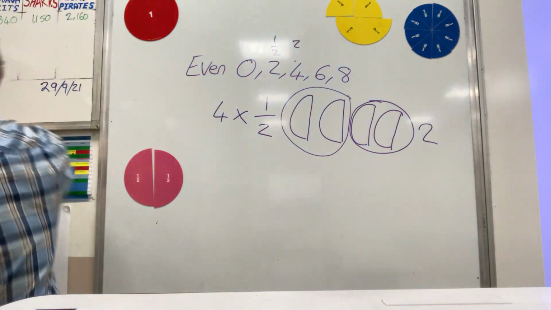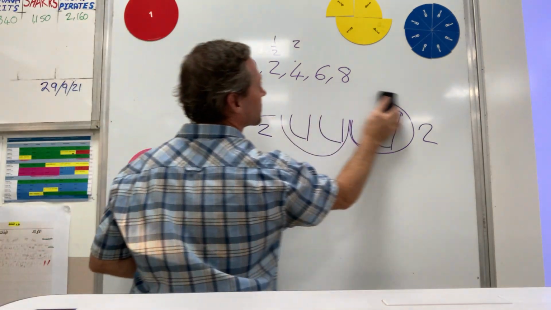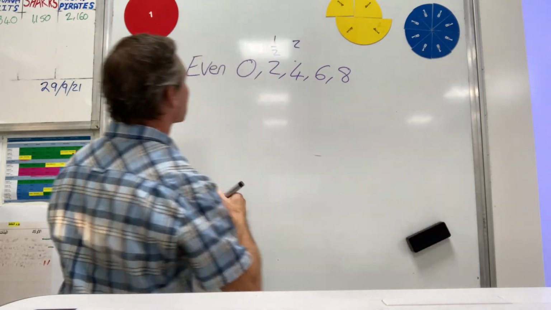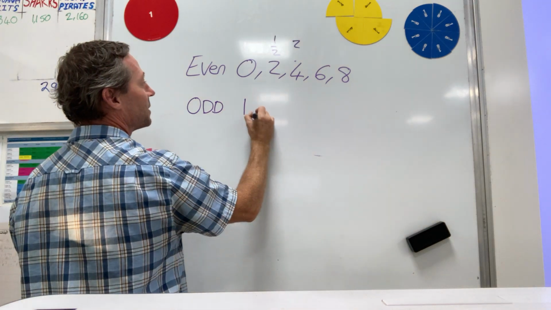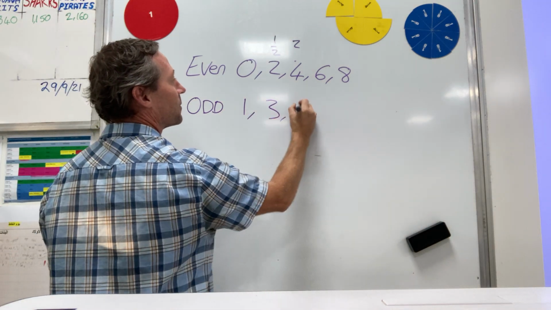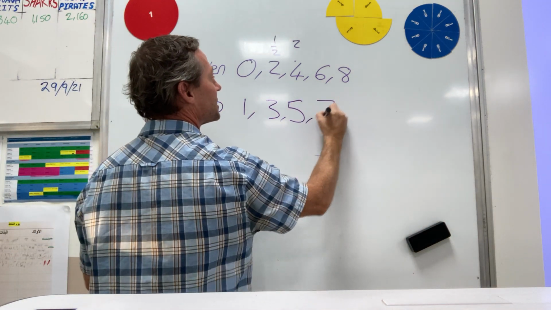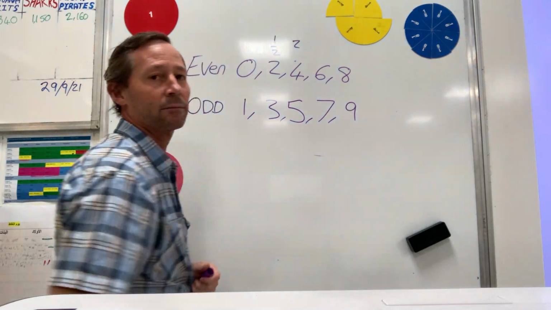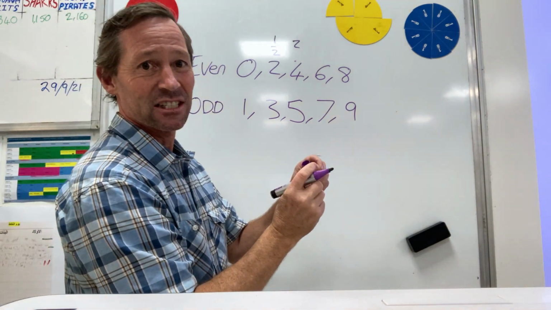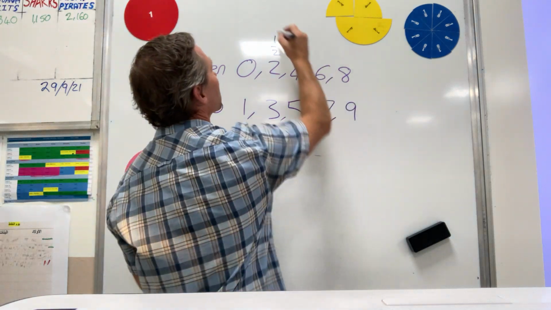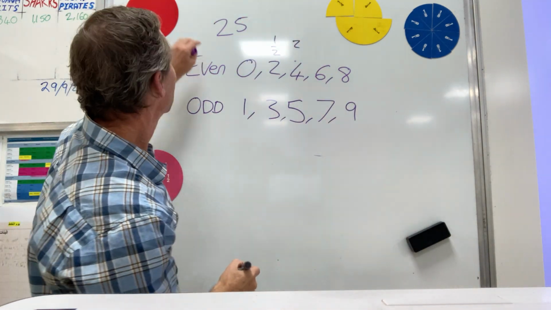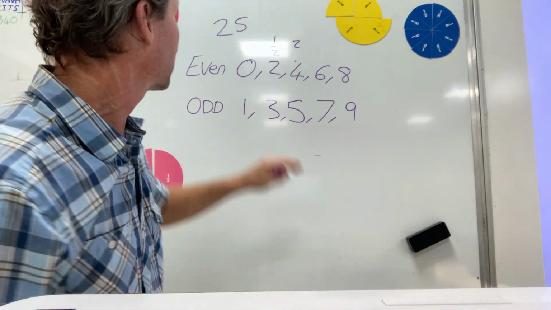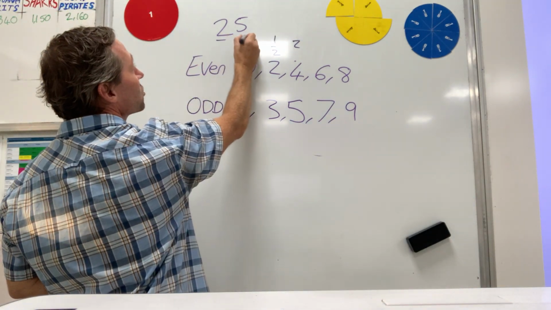The odd numbers end in 1, 3, 5, 7, or 9. And you only look at the last digit. A digit is, so this number here, 25 is a 2-digit number. 1, 2.